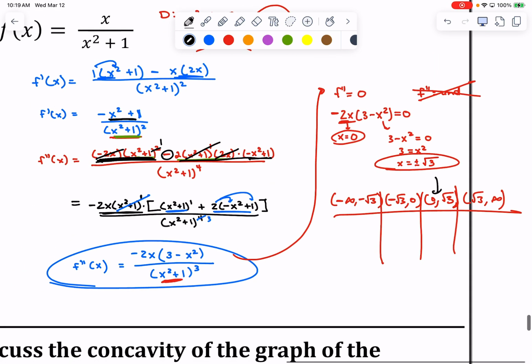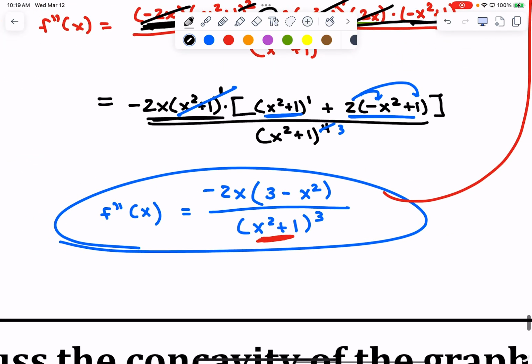Let's plug in 1. What's 1 going to give you here? A negative. What's 1 going to give you here? Positive. So we got a negative times a positive on top, which is what? So hold on to that. What's 1 going to make this? That's going to be positive no matter what. It's a parabola up 1. It's always positive, no matter what.